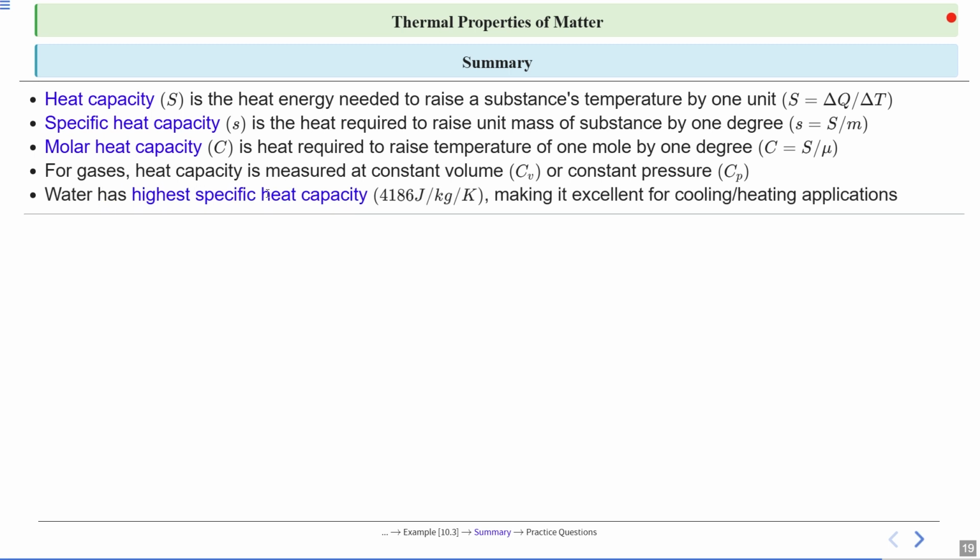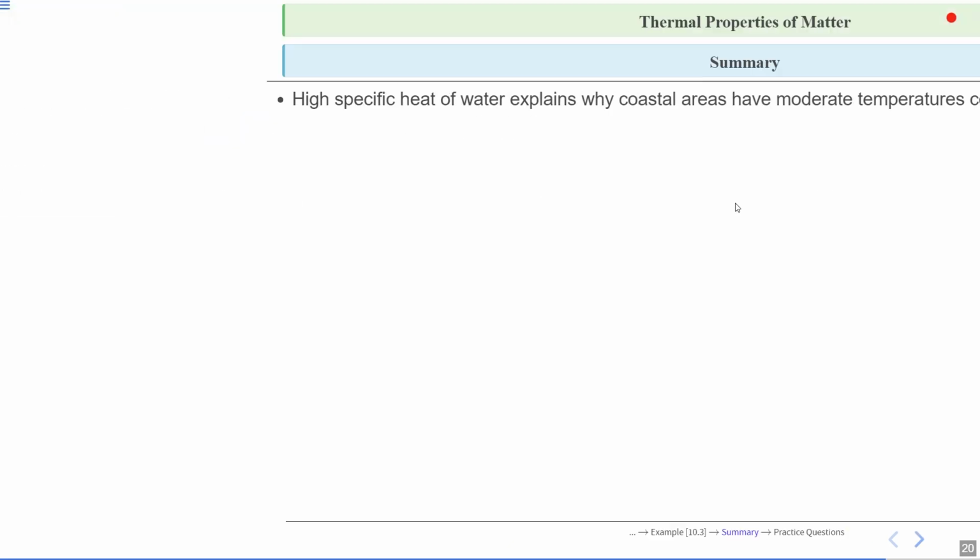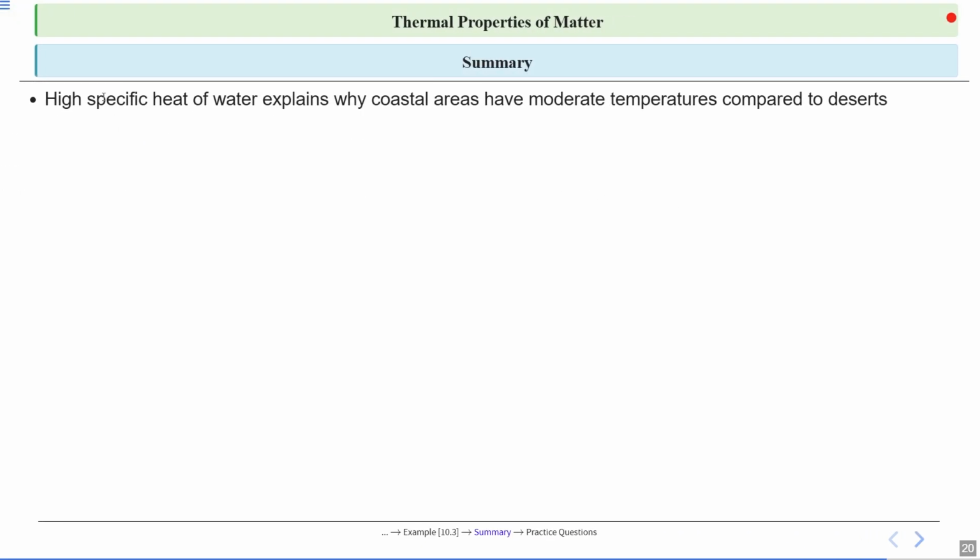Water has a high specific heat capacity, 4186 joule per kg per Kelvin, making it excellent for cooling or heating applications. High specific heat of water explains why coastal areas have moderate temperatures compared to deserts.